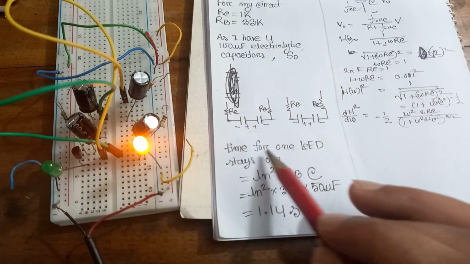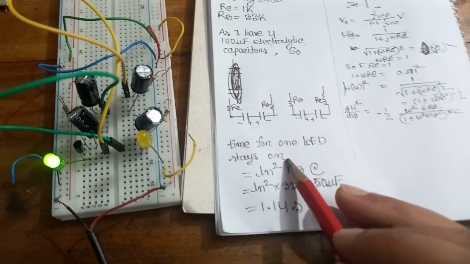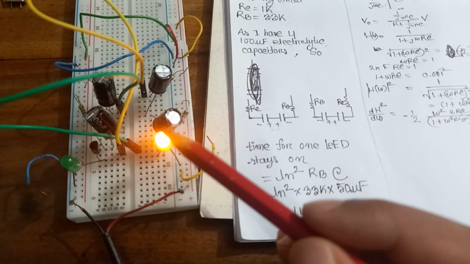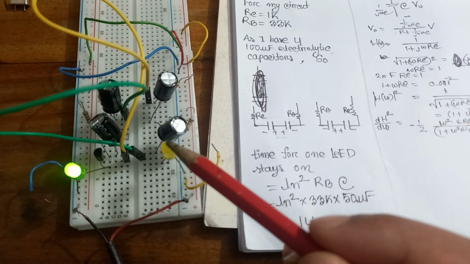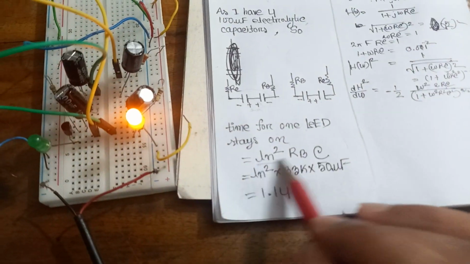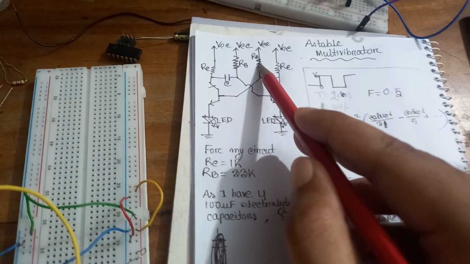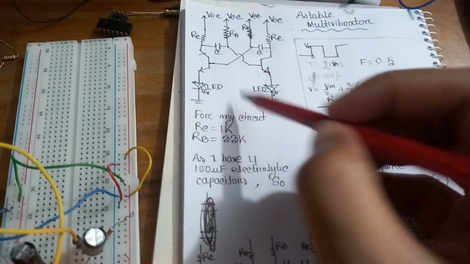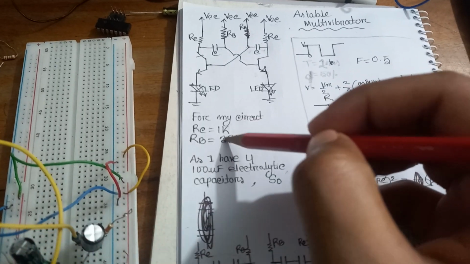Now this is the formula: the time for which one LED stays on. That means the duration for which this LED is in the on position. So the formula looks like this. This RB is this RB. You can change this RB to whatever you want, but take RB many times greater than RC.